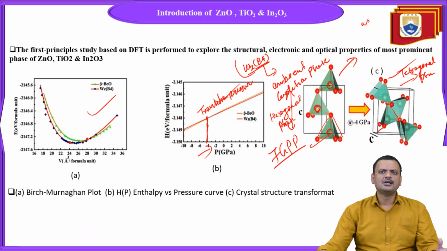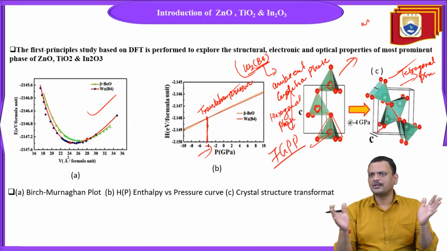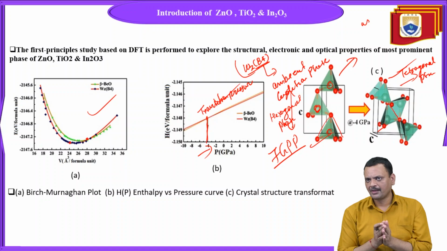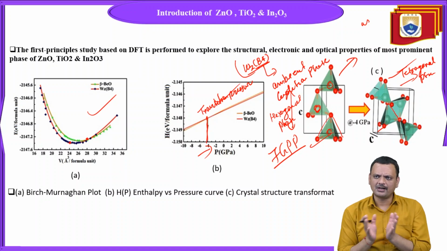So you can say that this wurtzite B4 phase is still the most stable, ambient condition phase of zinc oxide. This is clear. Even when applying negative pressure, whatever symmetry you get is not stable.